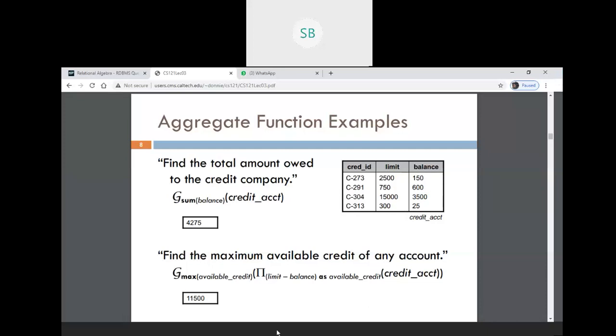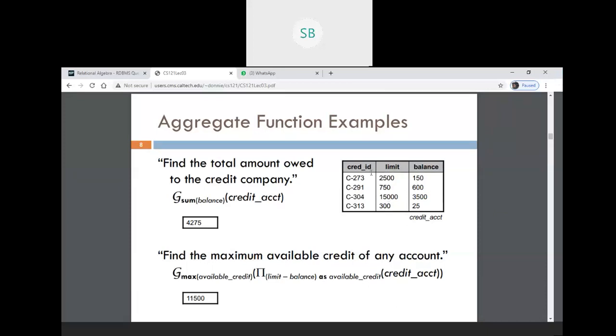If you sum it, you will get around 4275. Similarly, we also know that max is also an aggregate function. If you want to find it for the available credit, that is also possible. First you use the project operator, so basically nesting is done. We take the limit minus balance as the available balance.